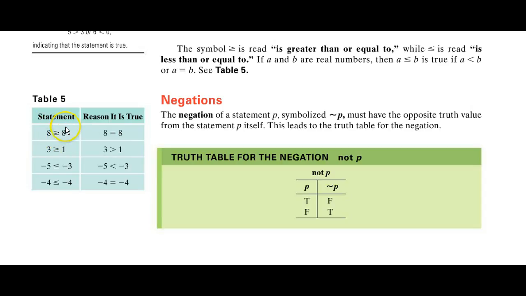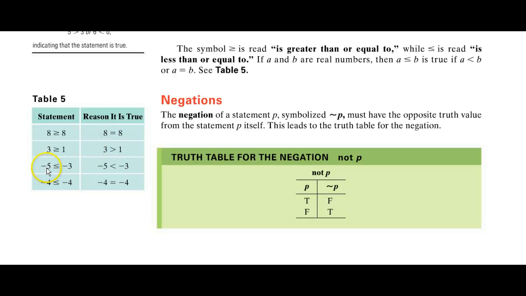So notice the statement, 8 is greater than or equal to 8. Part of it is true, because 8 equals 8. Now 3 is greater than or equal to 1 is true because 3 is greater than 1. Part of it is true.